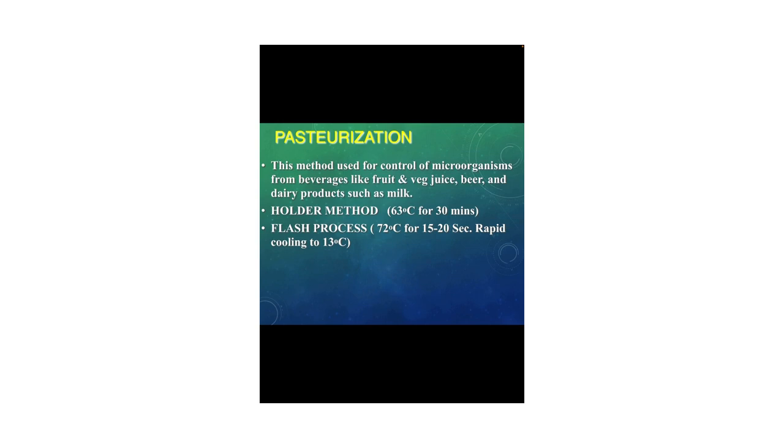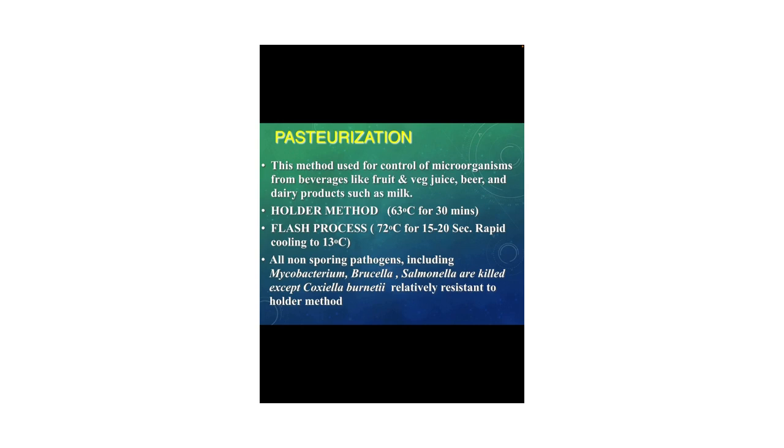The holding method is 63 degrees Celsius for 30 minutes. The flash method is only a fraction of a second, followed by rapidly cooling the material. Then water bath. A water bath is mainly used for the disinfection of serum, body fluids, and vaccines.